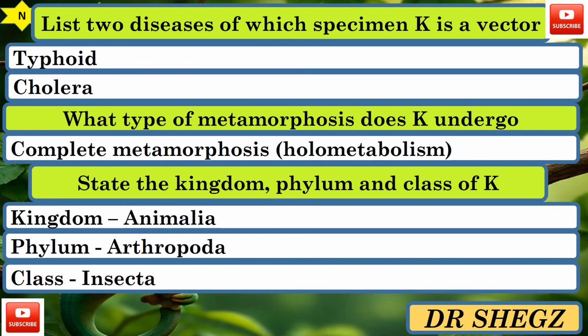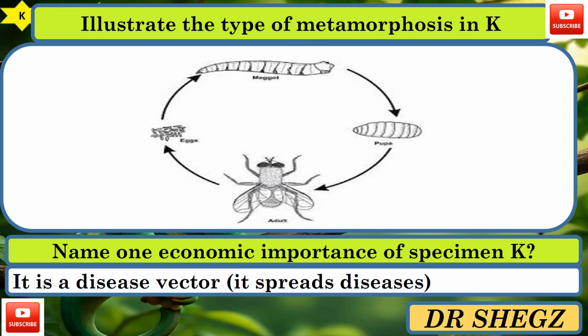Then of course it belongs to kingdom Animalia, phylum Arthropoda, and class Insecta. Type of metamorphosis, we just said it's complete metamorphosis. So the eggs to larva, which is the maggot, to pupa, to adult. And one economic importance of specimen K is that it's a disease vector.